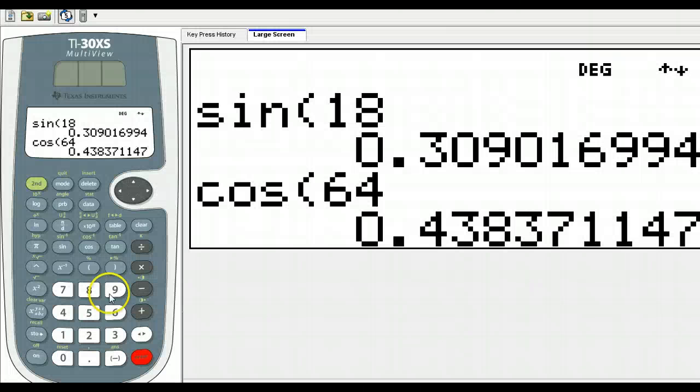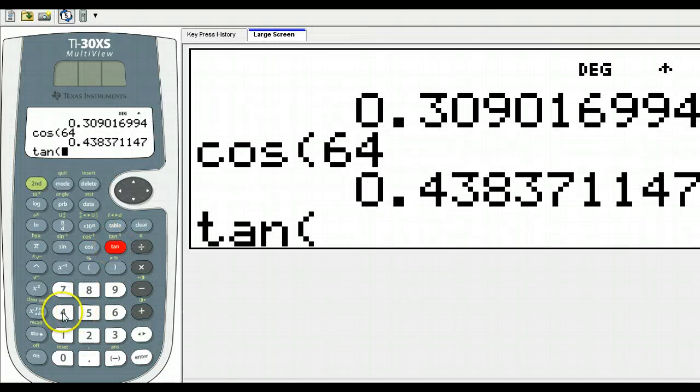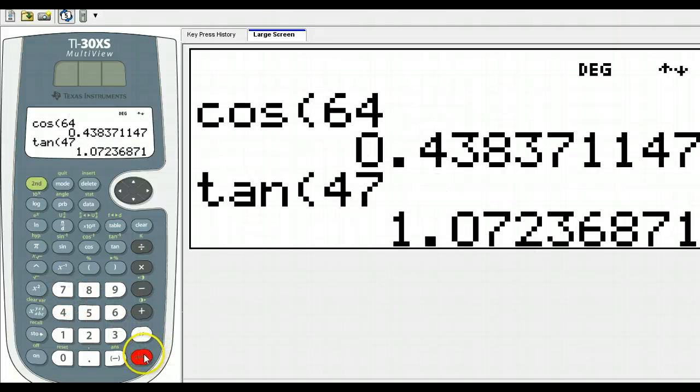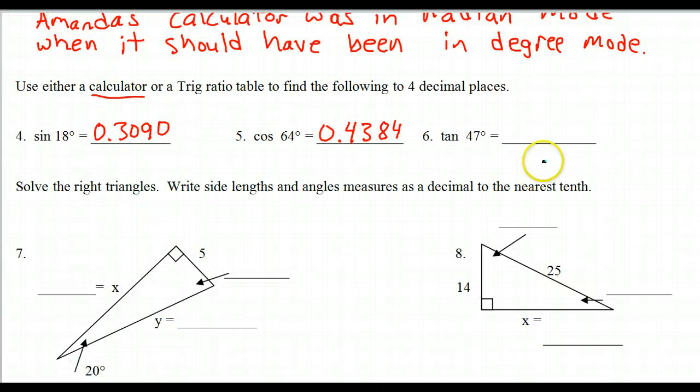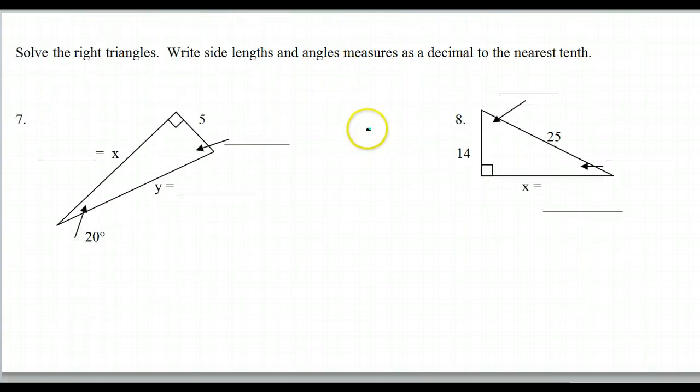Tangent 47 is 1.0724. Okay, that was pretty easy.